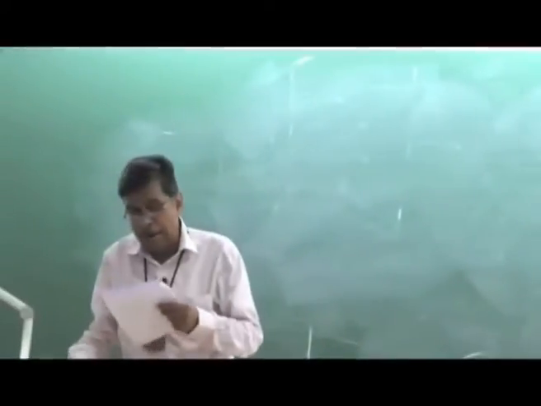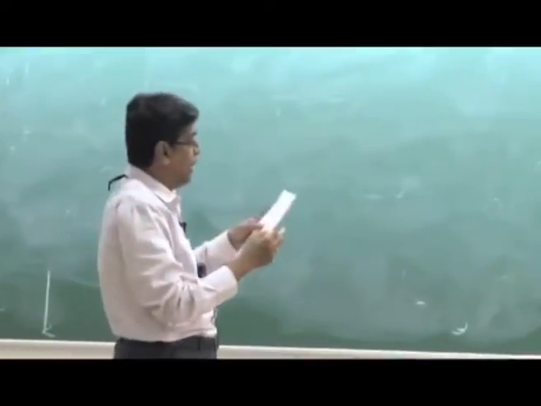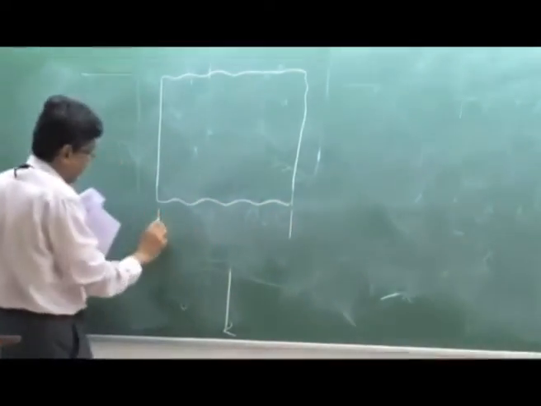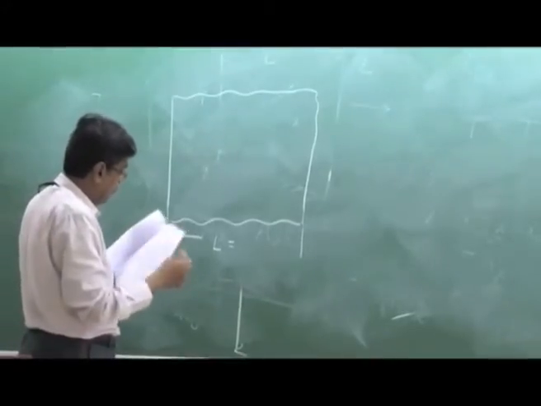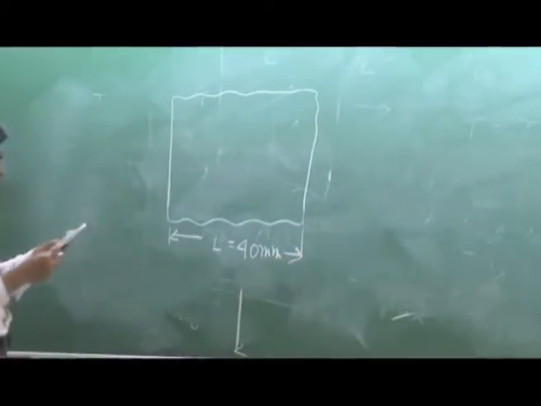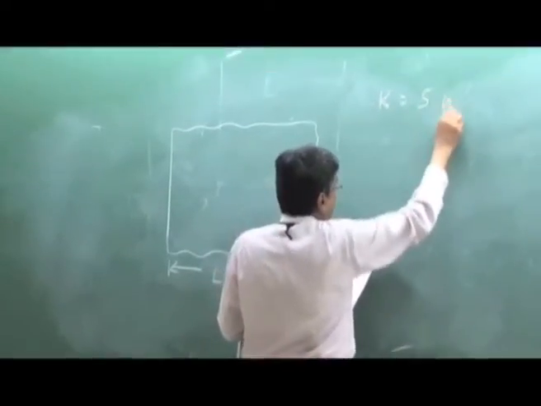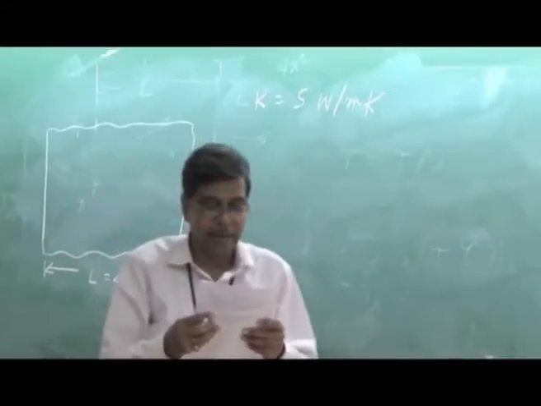Now the next problem. We have a plane wall of thickness 40 millimeter, L equal to 40 millimeter, I am drawing it in an exaggerated or amplified version, and thermal conductivity K is 5 watt per meter K. It experiences uniform volumetric heat generation rate Q dot.